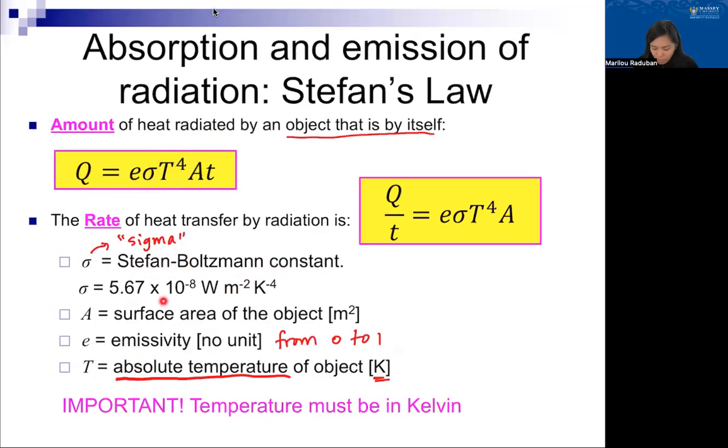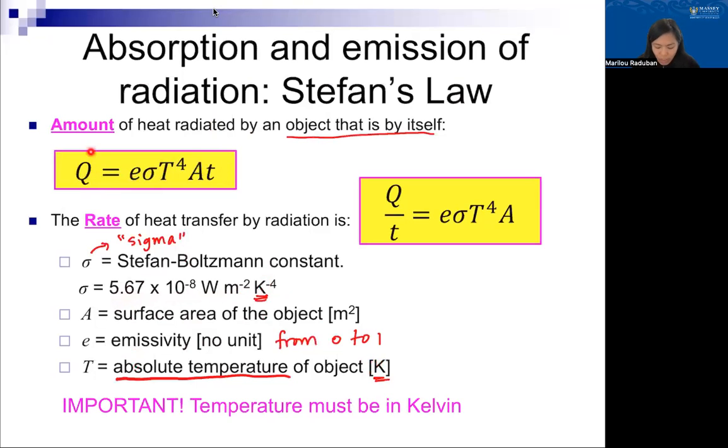It's a constant number equal to 5.67 times 10 to the minus 8 watts per meter squared per Kelvin to the power of 4. So it's a constant number and it has a unit in Kelvin. Therefore, the unit for your temperature must be in Kelvin as well. That's something very important to take note of. Remember to convert your temperatures to Kelvin when you're using this equation for radiation.